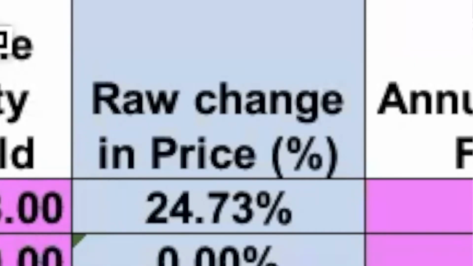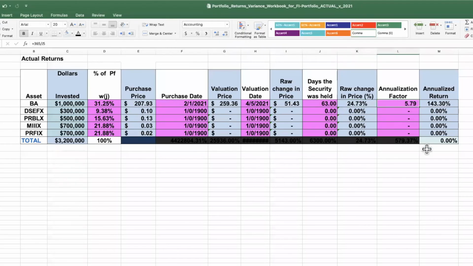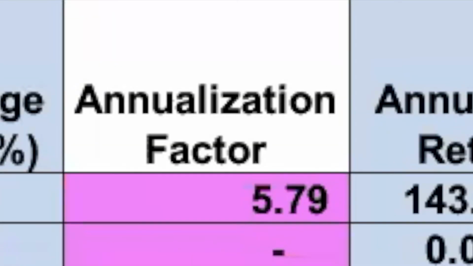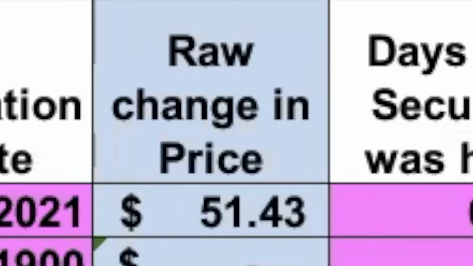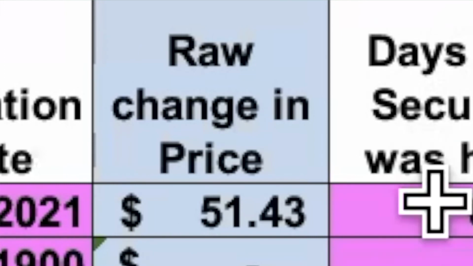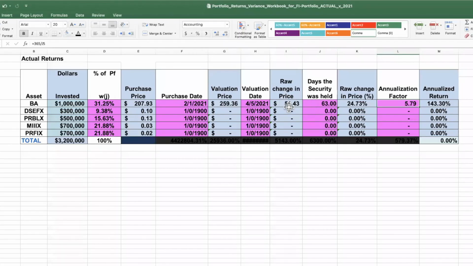Then we calculate an annualization factor. And how do we do that? There are 365 days in a year, and we divide the number of days the security was held into that 365 to get us an annualization factor. And then we take that annualization factor and multiply it by the raw change in our security.